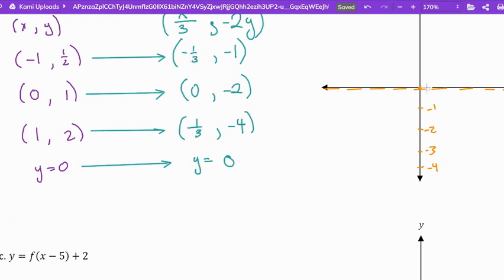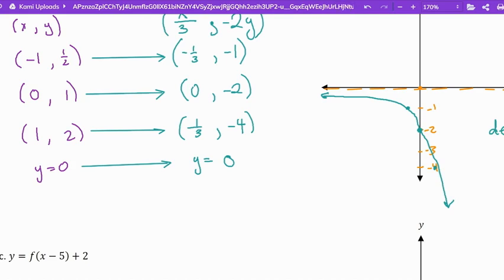Okay, when x equals -1/3, y equals -1. When x equals 0, y equals -2. When x equals 1/3, y equals -4. Now I know it's heading towards the asymptote, and because it had a vertical reflection, we can call this decay.